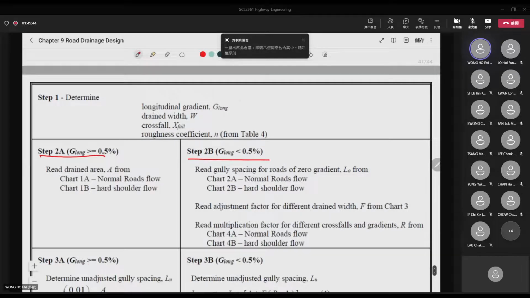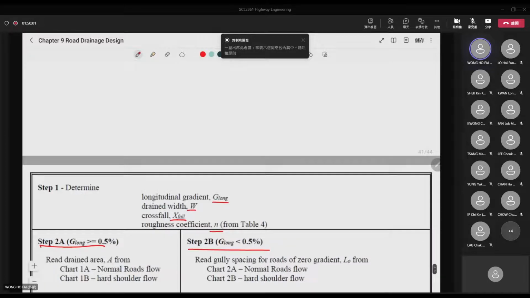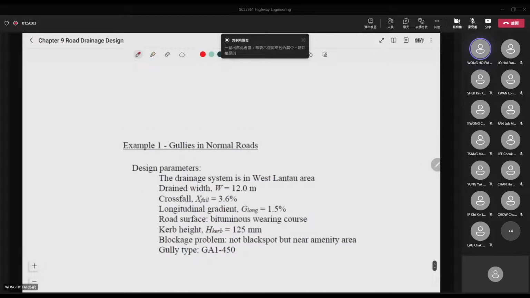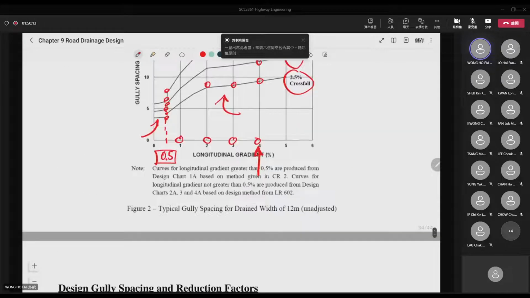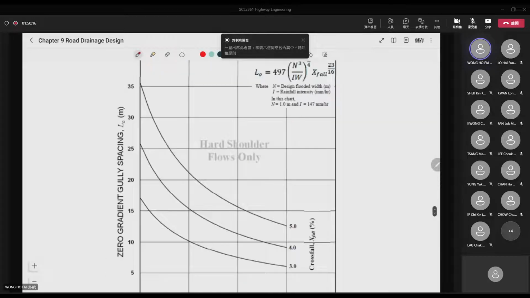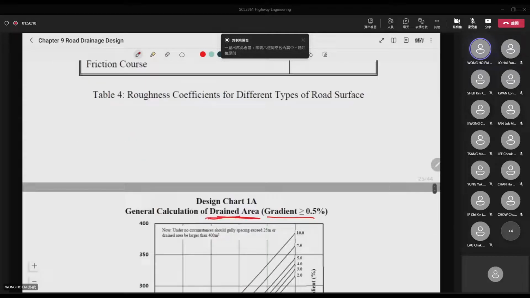We need the longitudinal gradient along the road, then the flooded width, then the cross fall, and then the roughness coefficients. First of all, we have the so-called West Lantau area. For the West Lantau area, we should take a look at the table here for the maximum flooded width.